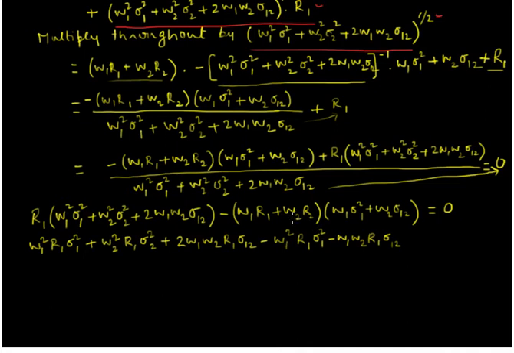Now let us look at these terms. What we are going to have here now is W2 times W1 times R2 times variance of 1, and we have a negative sign outside. So we have here W1 times W2 times R2 times variance of 1.